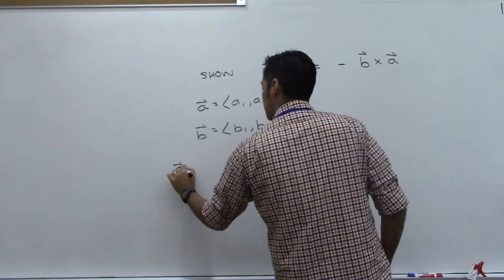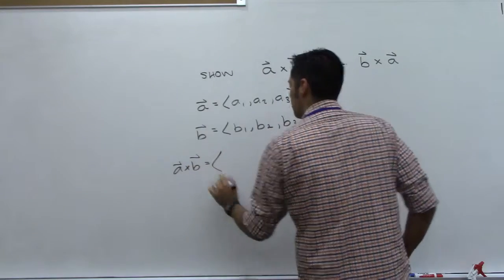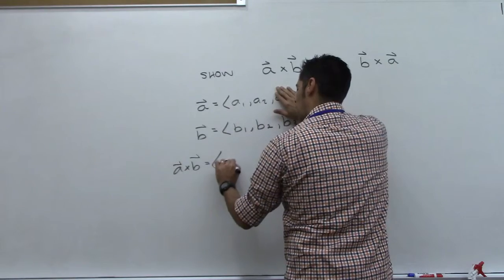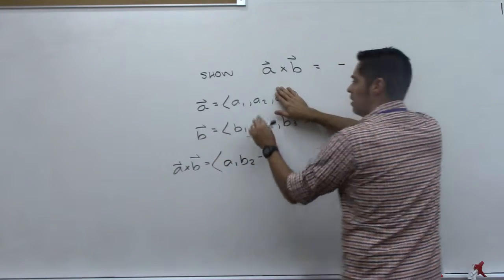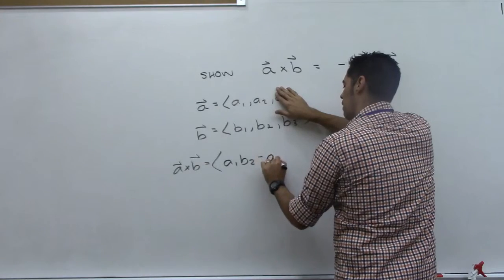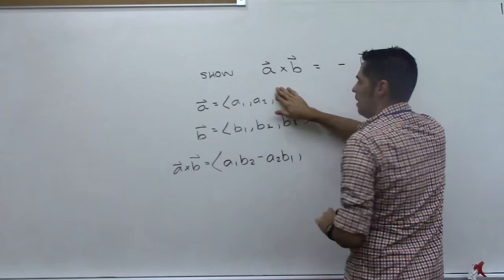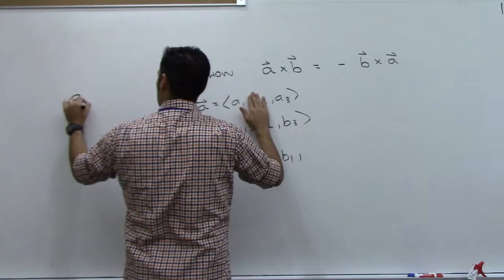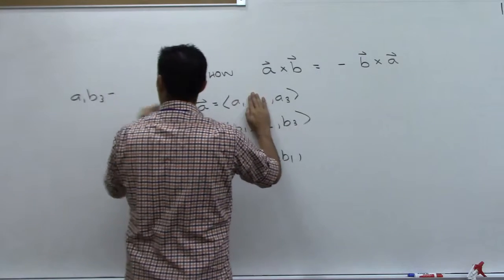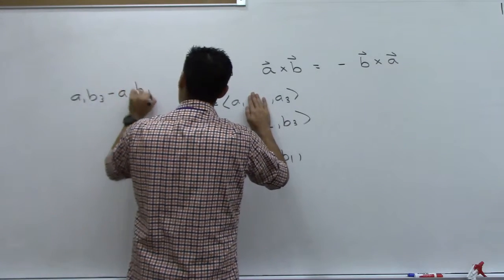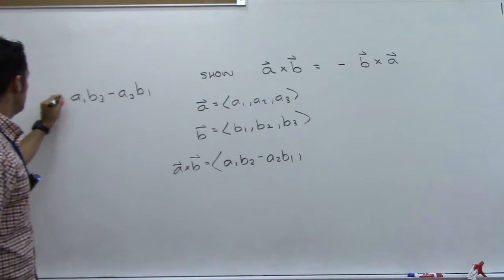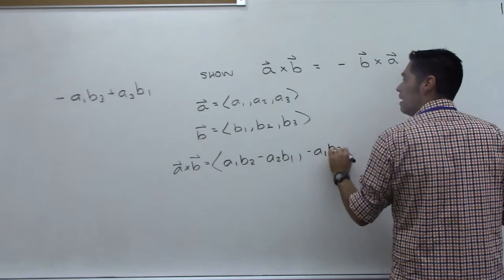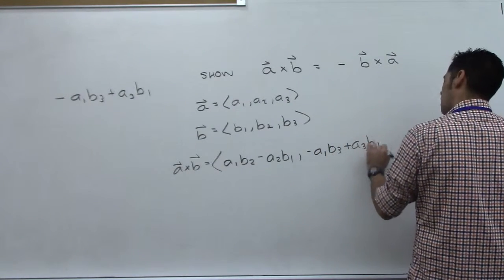Then A cross B should be equal to, this is going to be kind of ugly, cover this up, it's A1, B2 minus A2, B1, and then cover up the middle, A1, B3 minus B1, A3, so I'll put A3, B1. And then we have to subtract that, so it's going to make this minus and that plus. So this will be minus A1, B3 plus A3, B1.